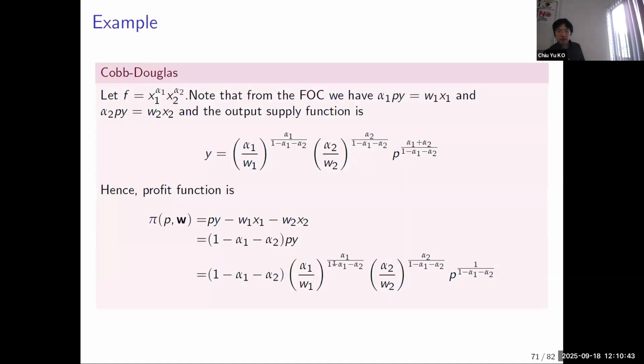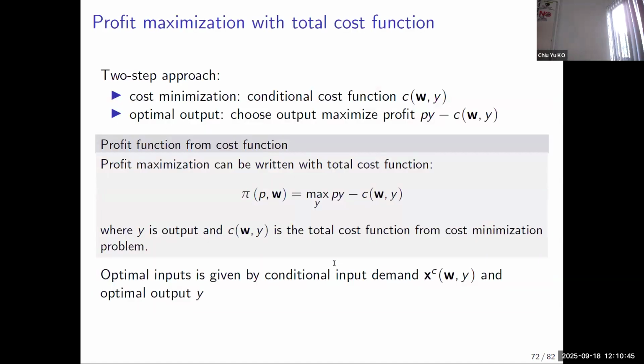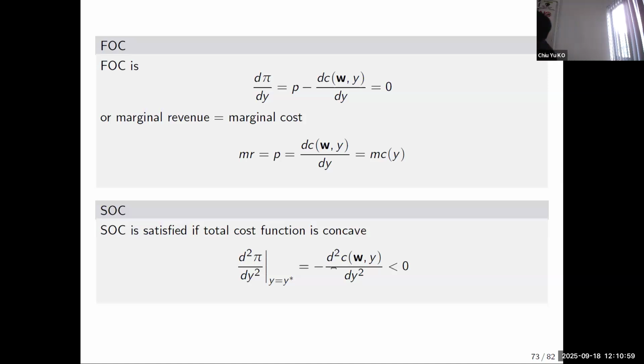Because this is just one variable calculus, right? Your life is very simple, the very, very first class of calculus. Choose the best y, right? And to make sure this is optimal, this cost function has to be convex, right? This is how you learn in the calculus class.